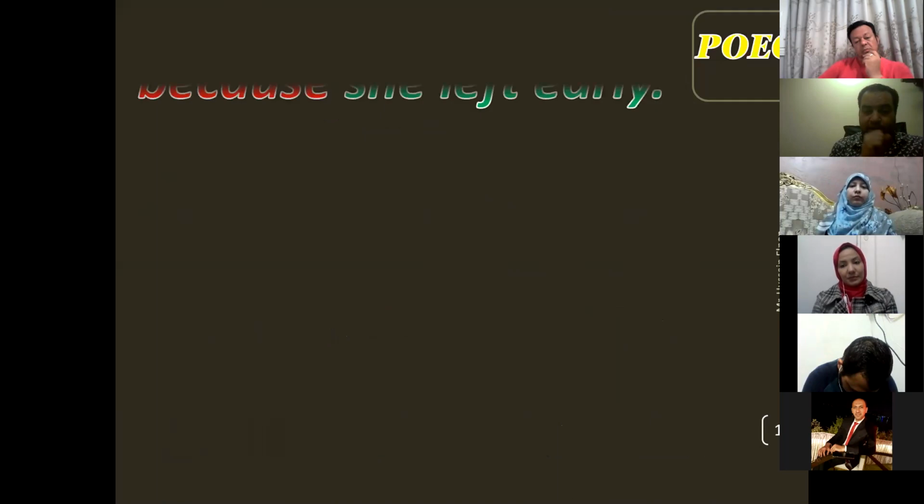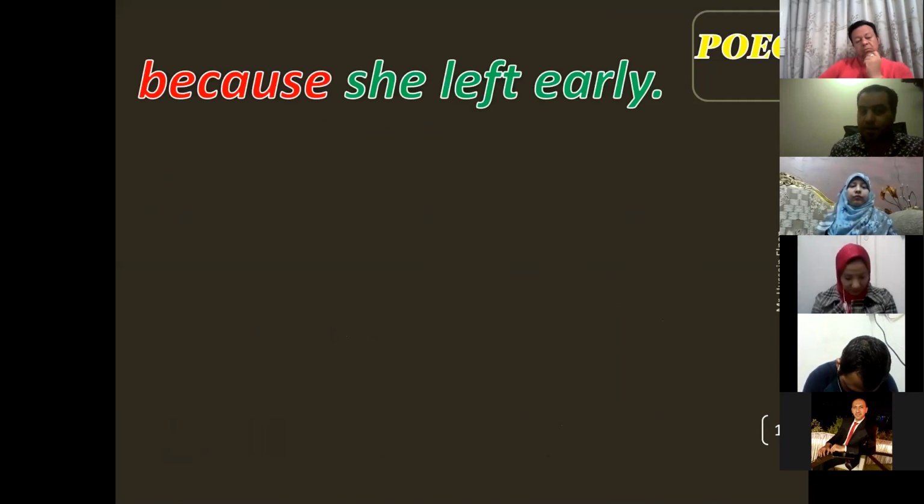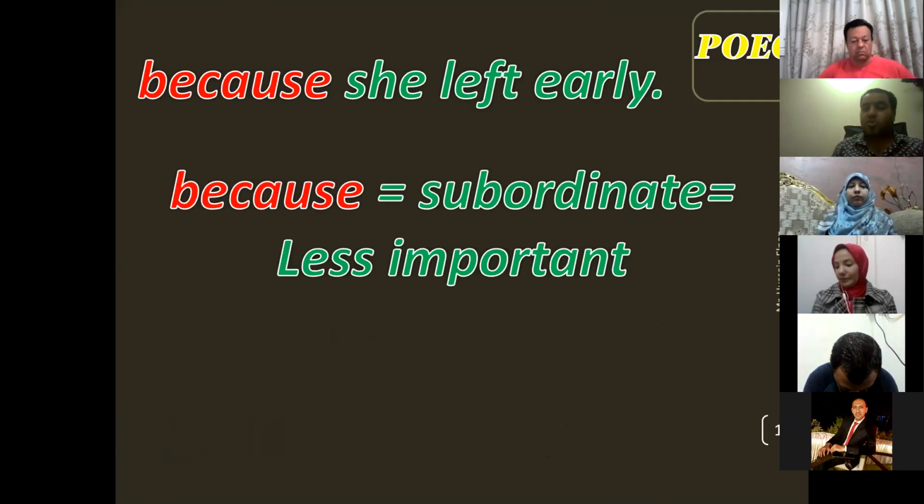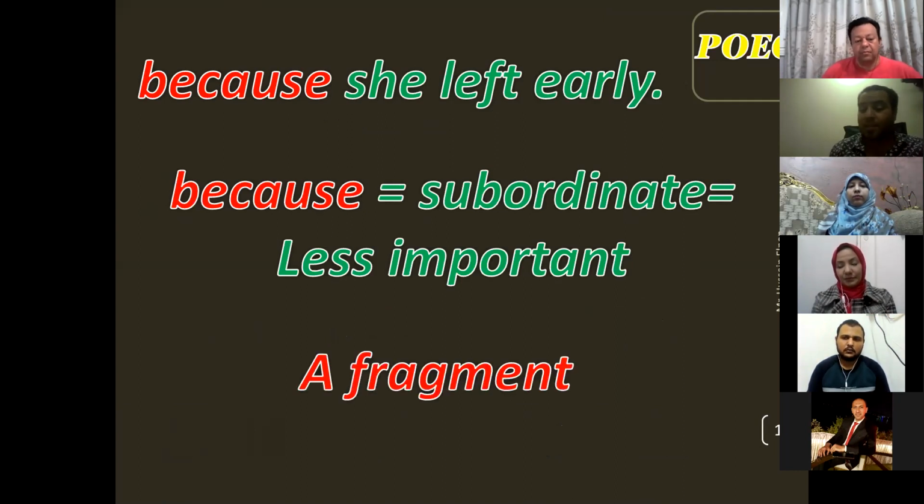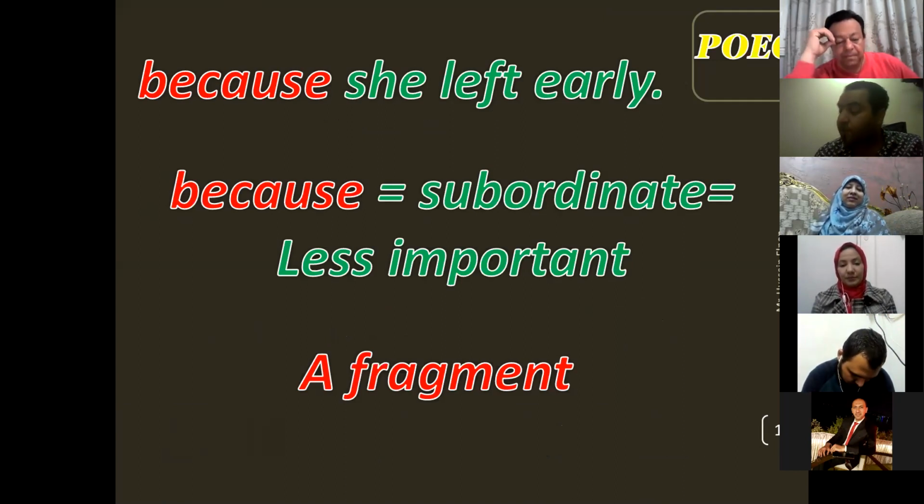MashaAllah. Okay, great. So here, as our dear sister said, we consider because as a subordinate or less important idea. It's less important. It doesn't stand alone. I can also call it a fragment, which means it's never a sentence.